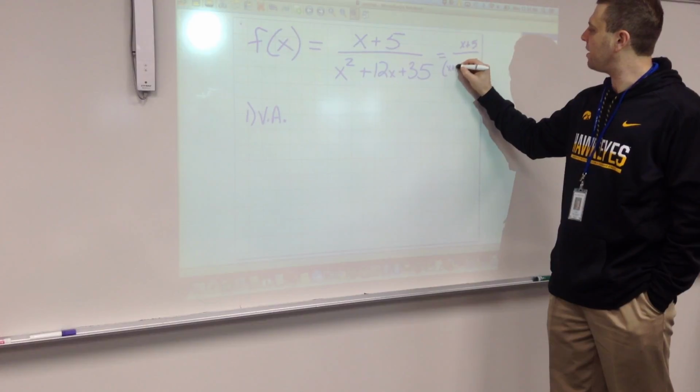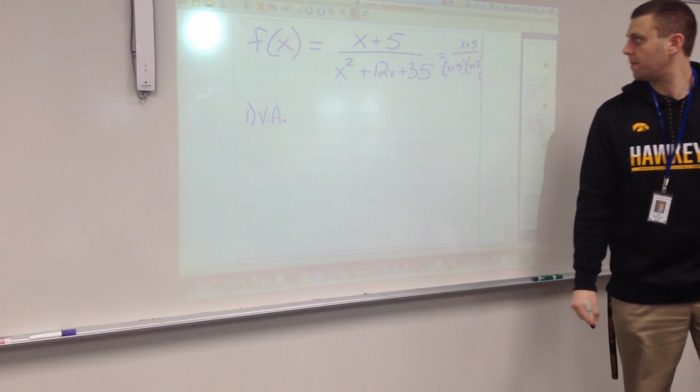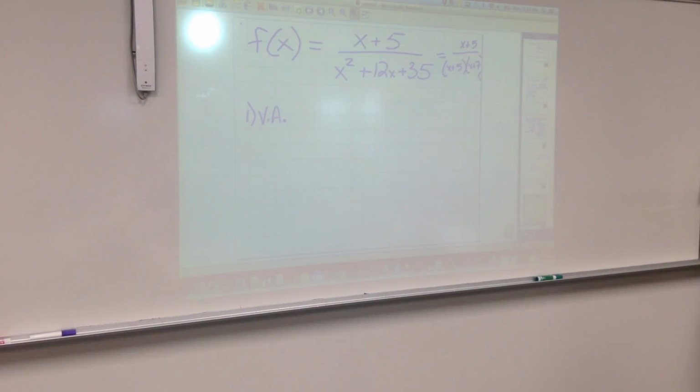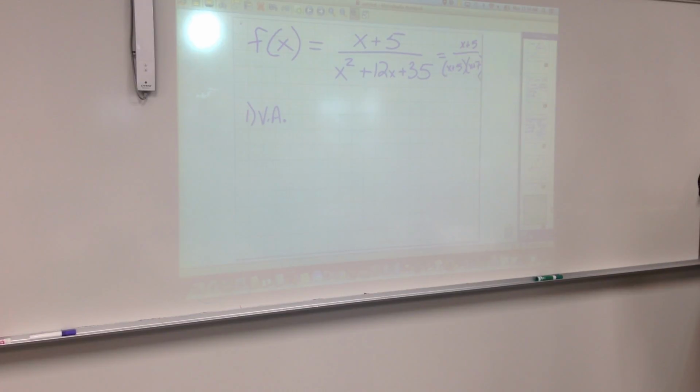X plus 5 and x plus 7. Nice. So x plus 5 and x plus 7 would be the two factors of our denominator. Now that we factored the denominator, can you tell where the vertical asymptote would be? Where at? At -7, but not at -5.